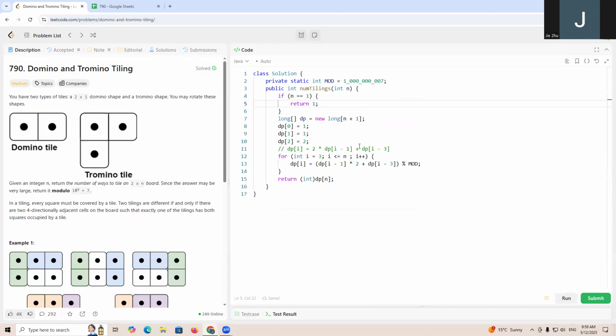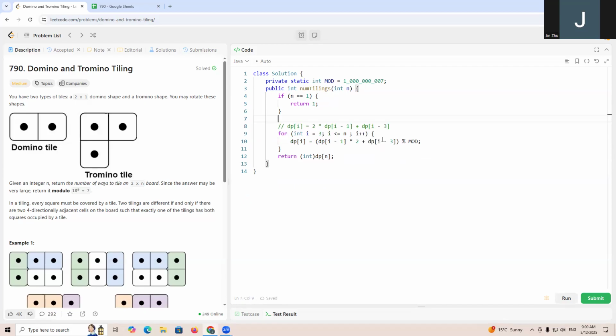But the thing is, we'll find those variables only depend on the previous one and also the i-3 variable. So actually we can use three variables instead of a long array here. We can write something like long x equals 1, y equals 1, z equals 1.